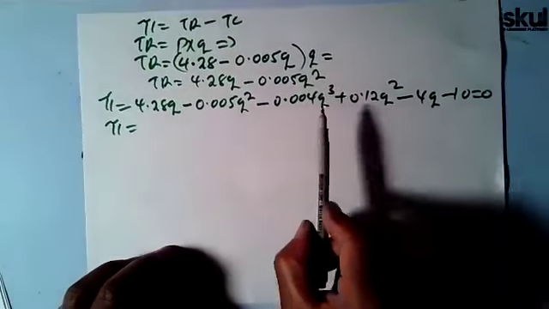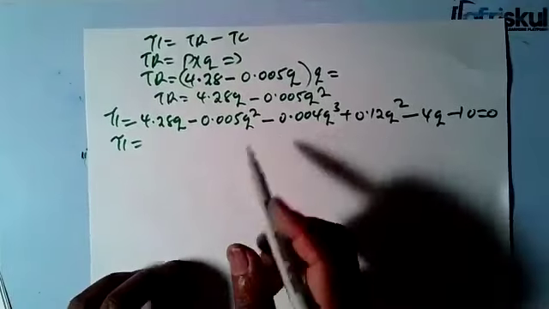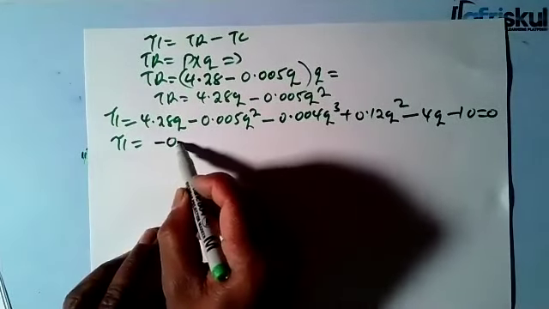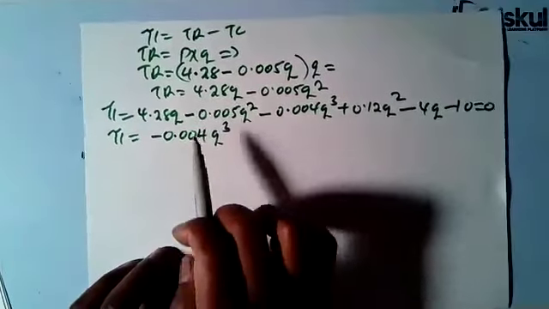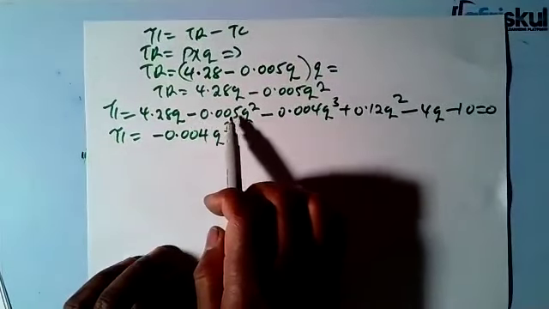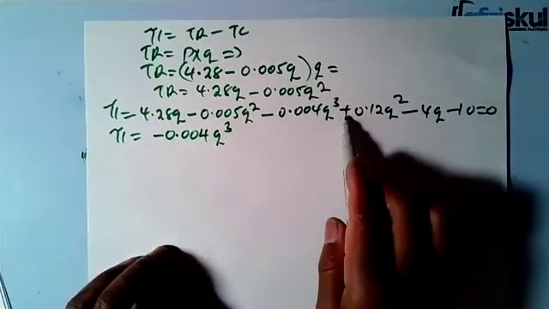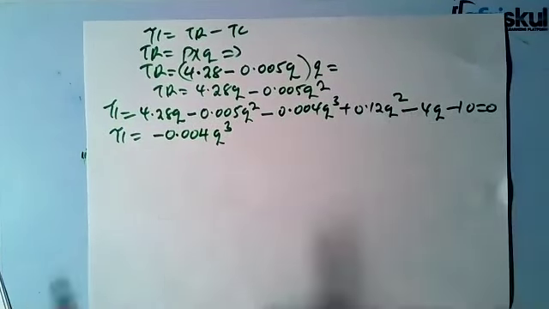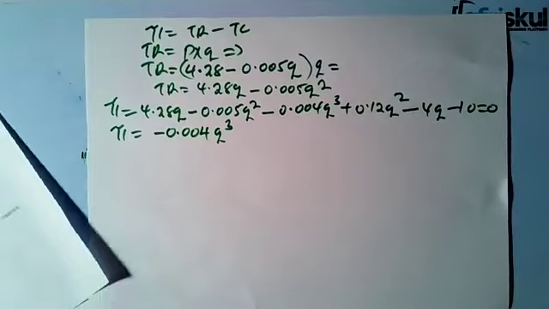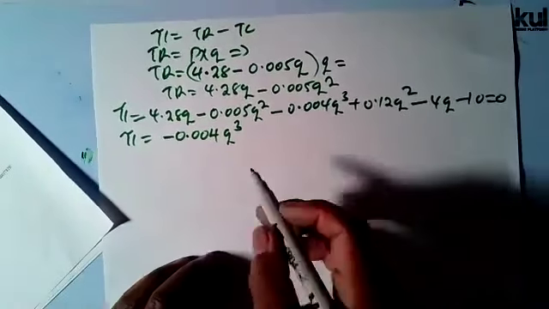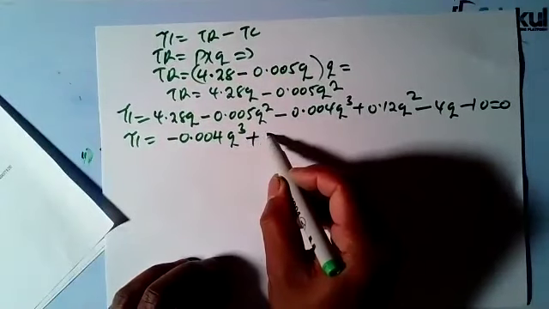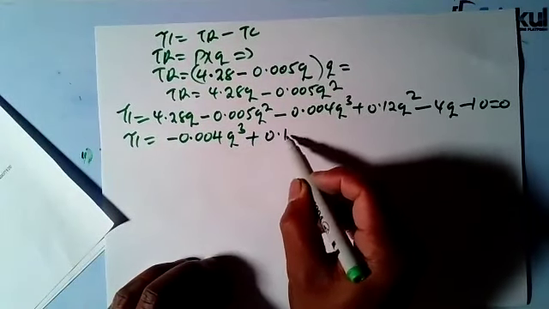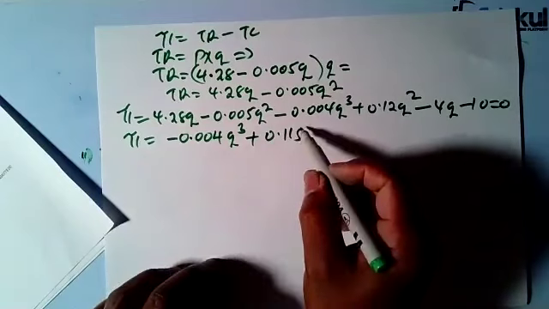So let me start with the cubed term. It will be negative 0.004Q cubed. Then we have negative 0.005Q squared plus 0.12Q squared. So what do you get? That one should be positive, positive 0.115.